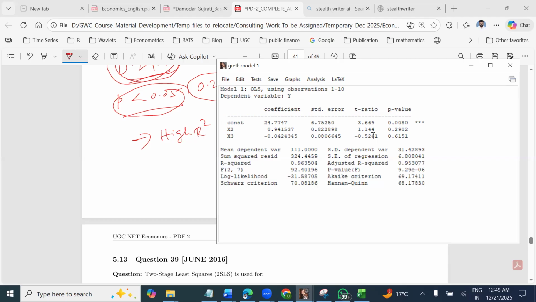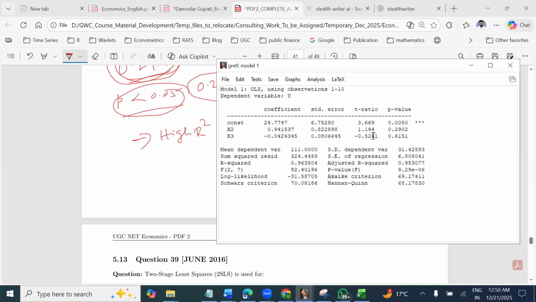Then what is happening over here? When you are testing the null hypothesis, beta 2 is equal to 0, we are using the T ratio. The formula is beta 2 hat upon standard error of beta 2 hat. Now, in case of high collinearity, the estimated standard errors increase dramatically. Therefore, we are getting p values that are not small.